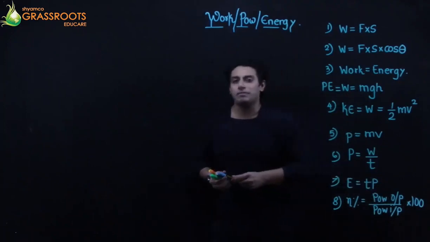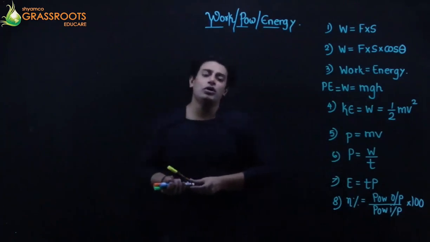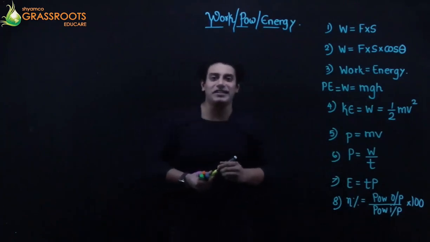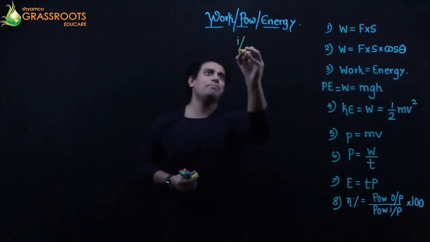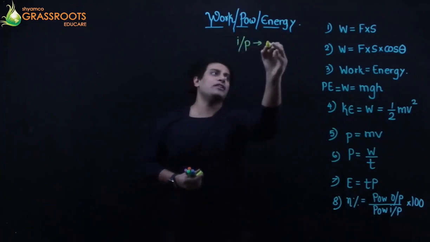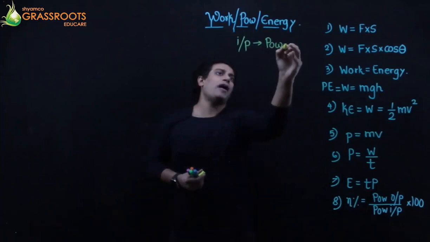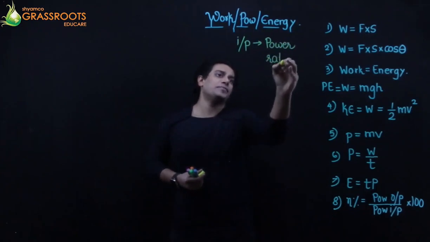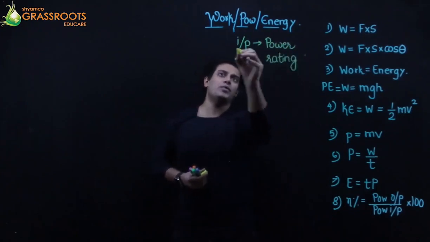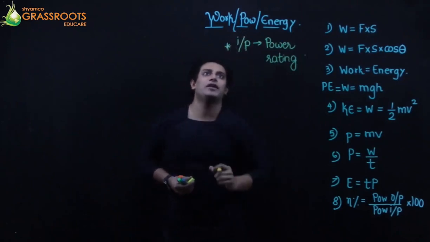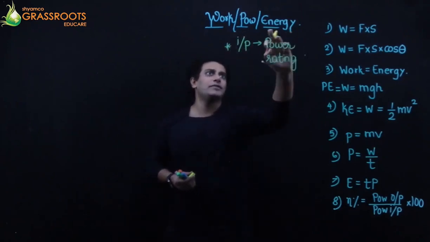जिसमें input power को we also call it as power rating. Remember this. IP, that is input power, is also called as power rating. Okay, that's another way of representation. Right? Okay.